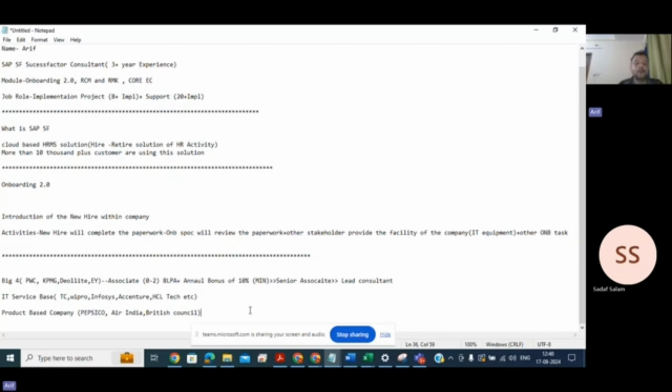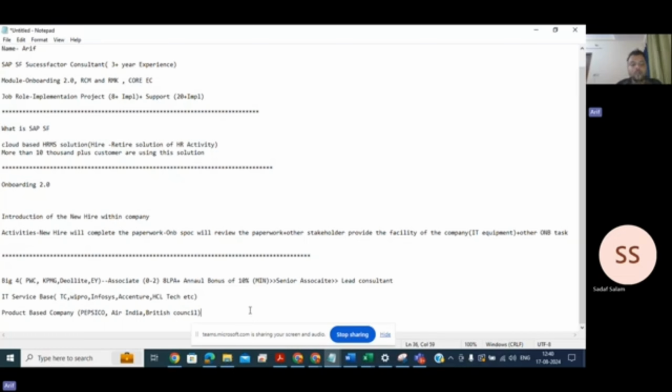Then if you upgrade yourself, if you learn 1 or 2 modules, you can easily become a senior consultant, or even if you're not learning a new module, in your own domain you become a senior associate, and again there will be a hike of 30 to 40% on your salary in the next year. So these big fours are paying you good.